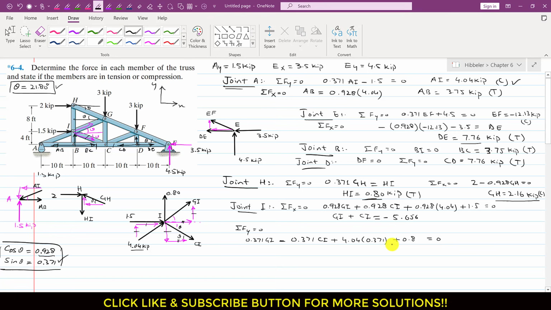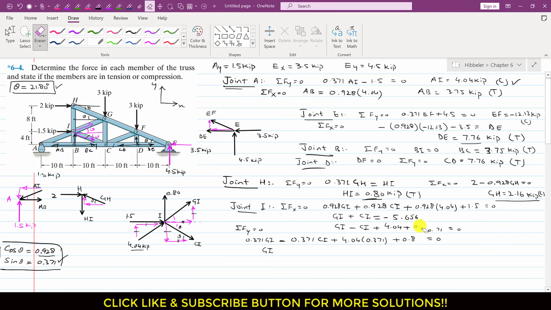So again, if we divide this whole equation by 0.371, we will be left with gi. Let me write this equation here. So this is gi minus ci, plus 0.8 divided by 0.371, and this will be equal to 0.